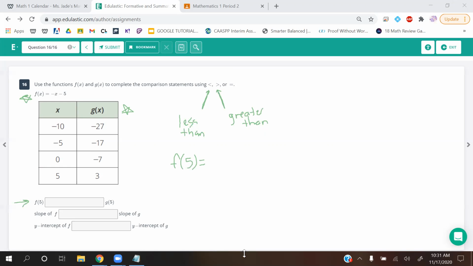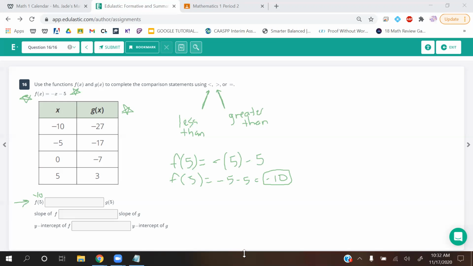Plugging 5 into our f of x equation, negative x minus 5, we get negative 5 minus 5, which is negative 10. So we have negative 10 for f of 5.